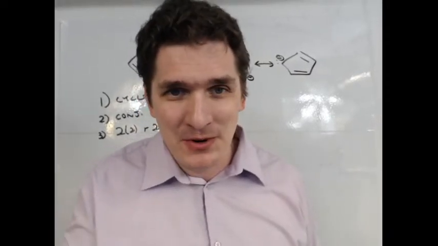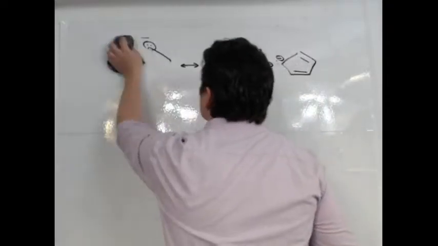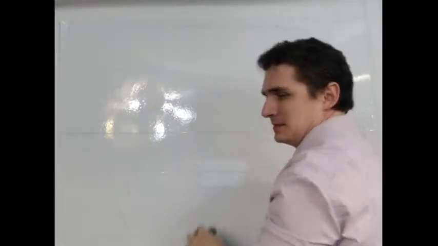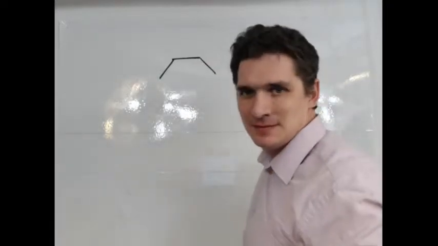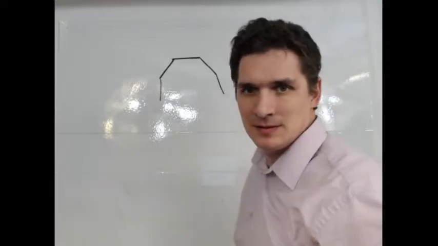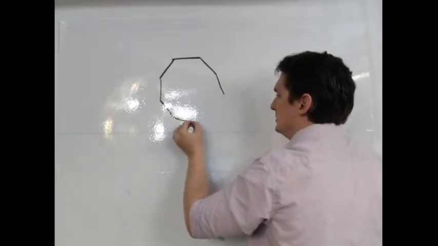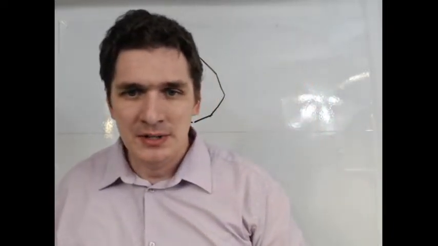Whoa, the next one, 38, is pretty awesome. So for 38, cyclononatetraenyl cation.